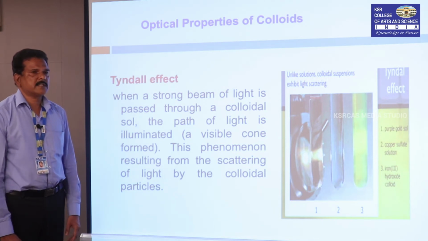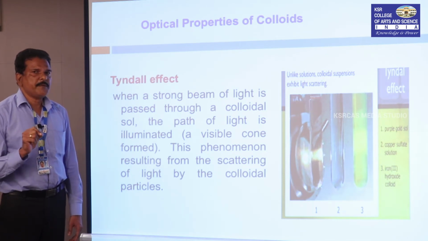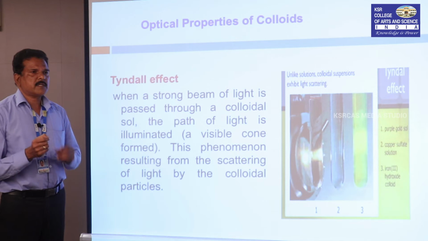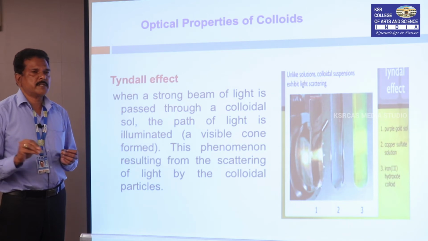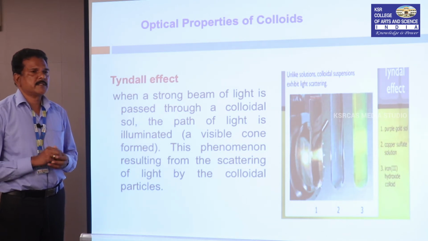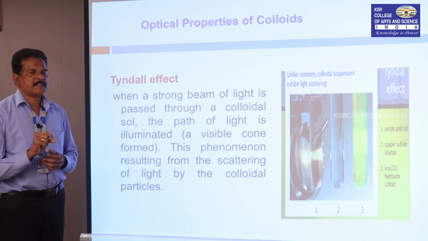When he passed light through the colloidal system, he could see the path of the beam, because the light was scattered by the colloidal particles. If the particle is small and scatters light in all directions, the path of the beam is noticed. This property is said to be the Tyndall effect. This is the optical property of light.